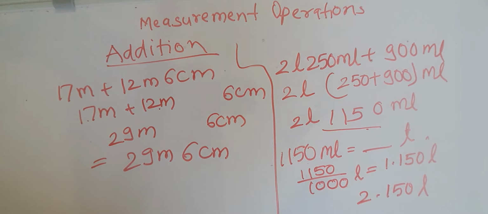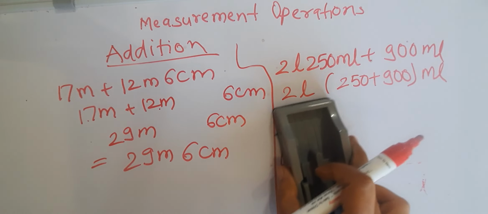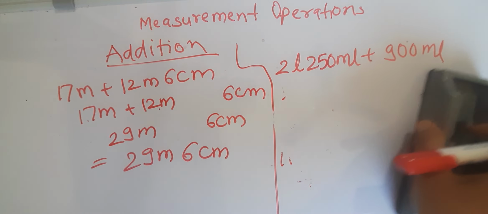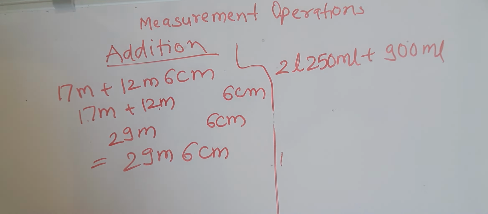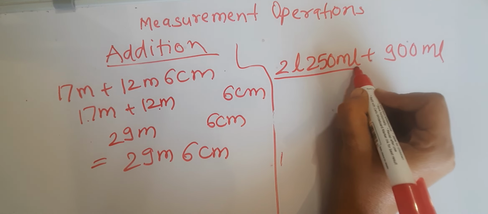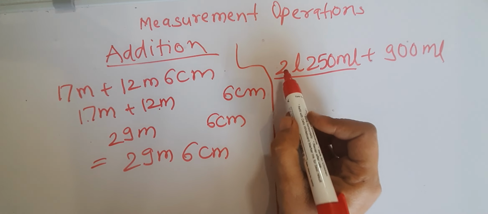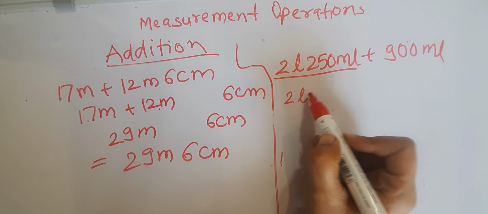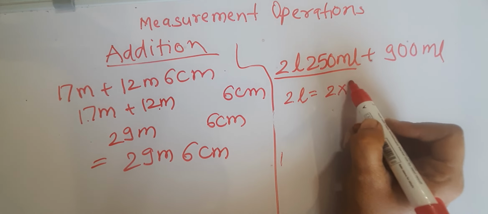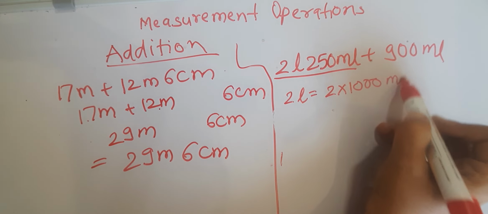The other way, if it is confusing, to do the same addition is to convert the complete value into milliliter first, perform your addition, and then convert your final value into a proper unit. So we have to convert 2 liter 250 milliliter into milliliter, a smaller unit. We know 2 liter means 2 into 1000 milliliter.